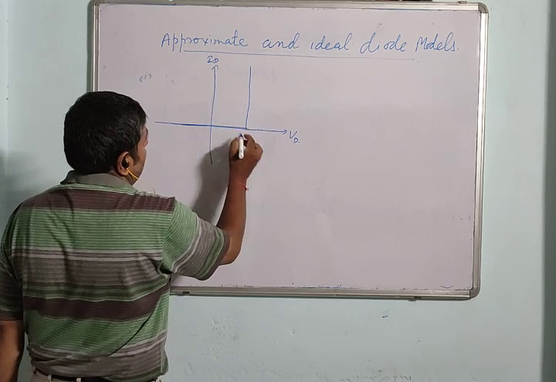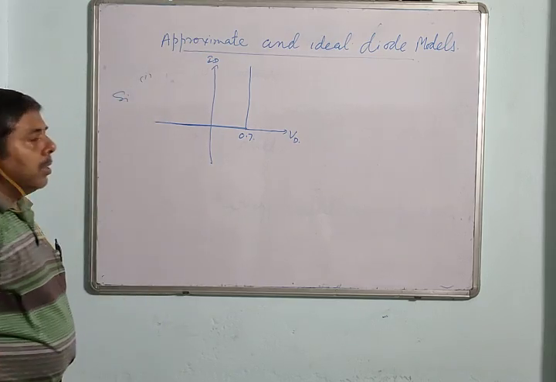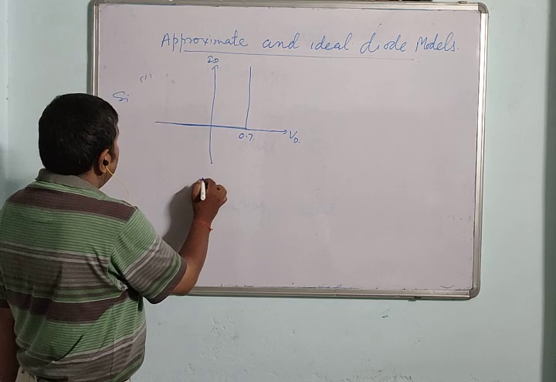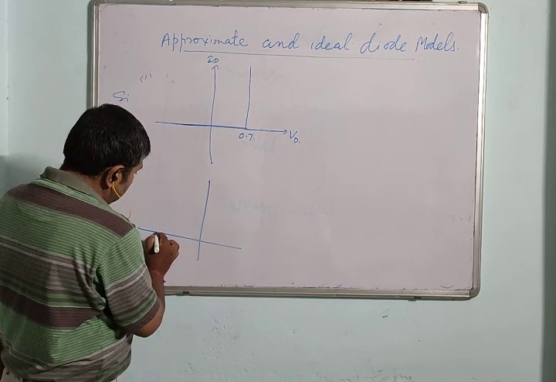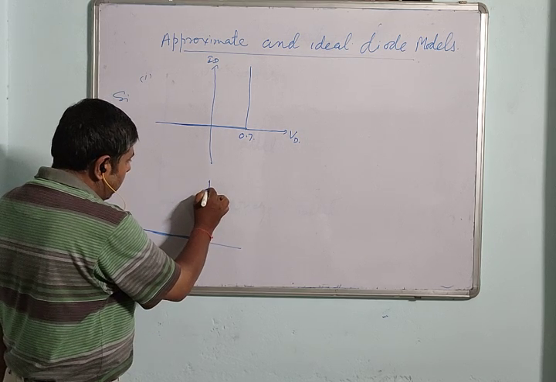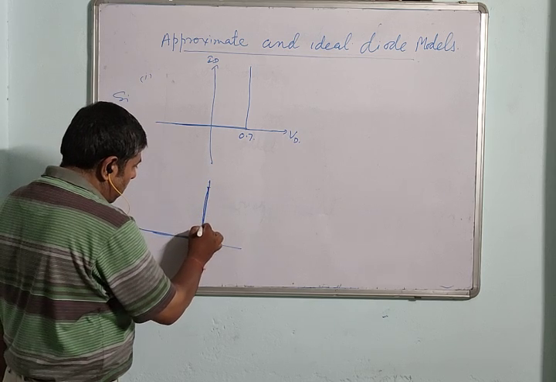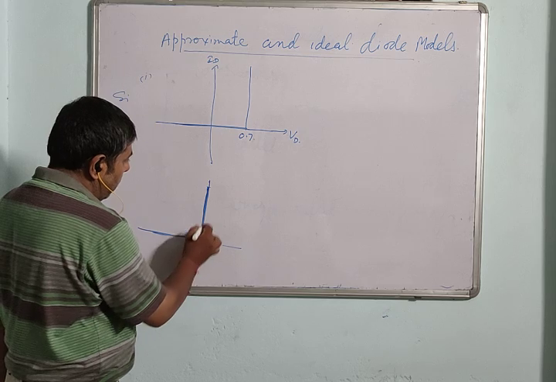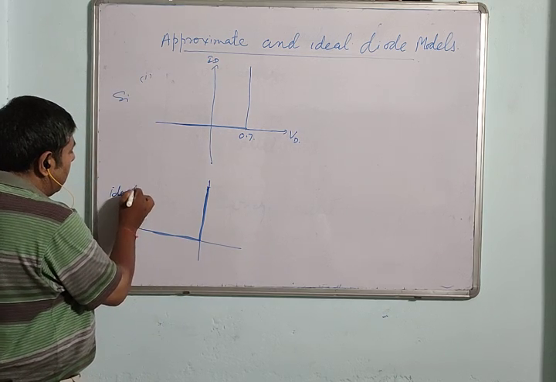Suppose we are taking silicon diode, then this is the 0.7 volt. And in ideal case, diode characteristic is like this. You have 0 current for reverse bias, and at 0 positive voltage this starts. So this is the ideal characteristic.